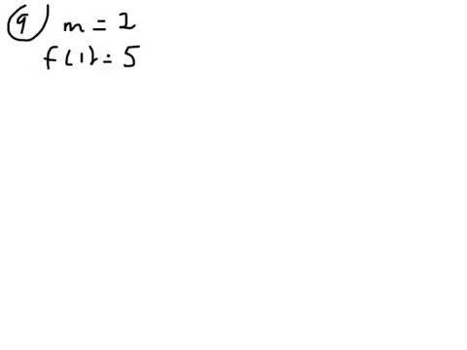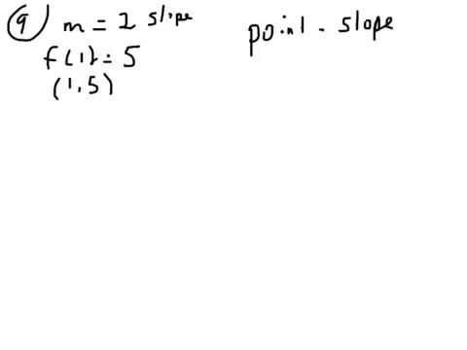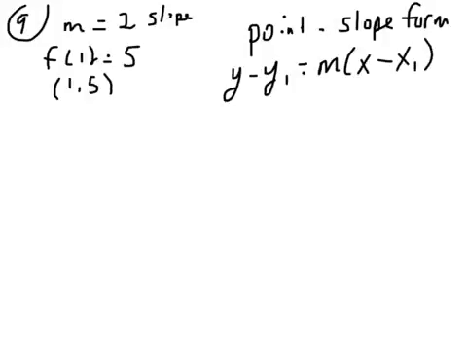Okay, when you get to number 9, you notice they've given you the slope, and they've given you a point, and I'm going to write the point as a point. X is 1. When I plug in 1 into the function, the y value that goes with it is 5. Well, the easiest way to do this again is to do point slope form, because you got a point and you got a slope. Okay? And that formula is y minus y1 is m times x minus x1. And like I told y'all, this is the one we use in calculus all the time because it's just so handy.